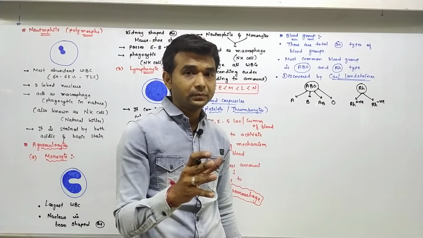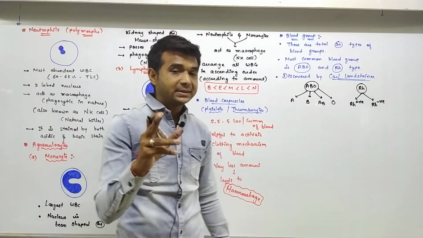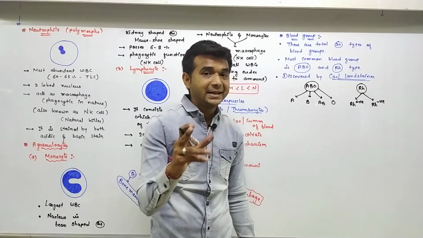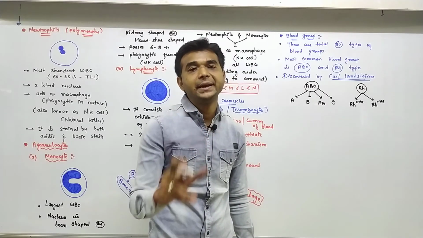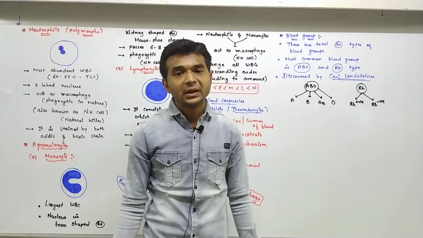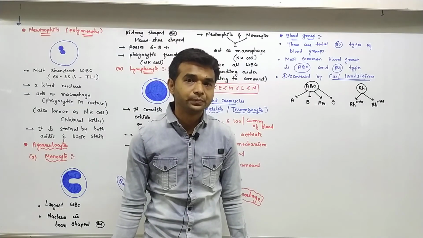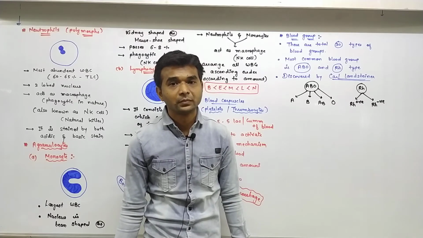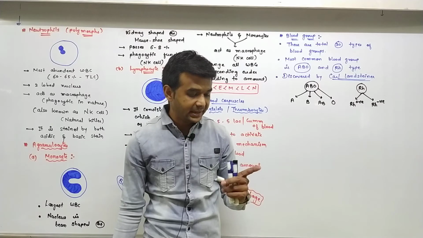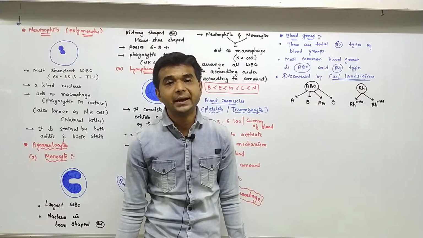Okay. Previously I had asked the question: is the blood group inherited or not? Yes, it is inherited. If you know the mother's and father's blood group, then we can say the estimated blood group of the child.